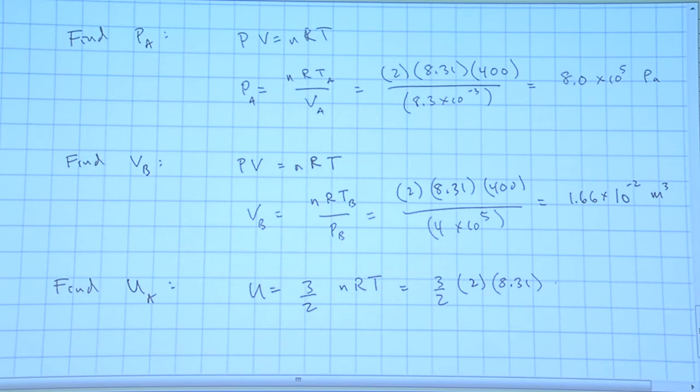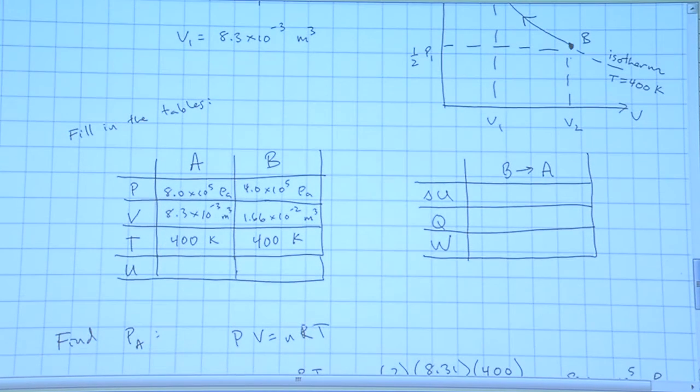Our gas constant, 8.31. And our temperature has to be in Kelvin. And what do I get? I didn't solve for it ahead of time. You know why I didn't solve for it ahead of time? Because I was really interested in the change in internal energy, delta U.